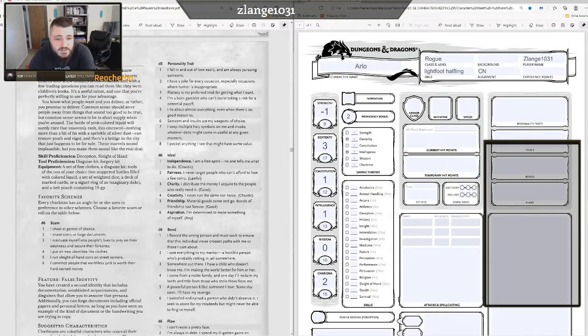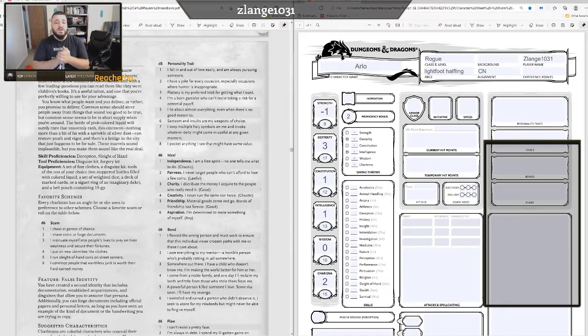Skill proficiencies. You are proficient with deception, which is lying to people, and sleight of hand, which is being able to take something away from someone without them knowing, or give them something. It's like pickpocketing, or there are several other things. If you try to cast a spell and you don't want to be caught doing it, sleight of hand, being able to sit there and do your somatic components without being caught.